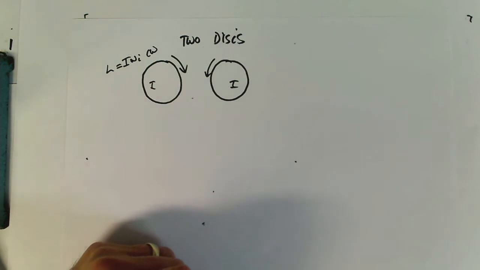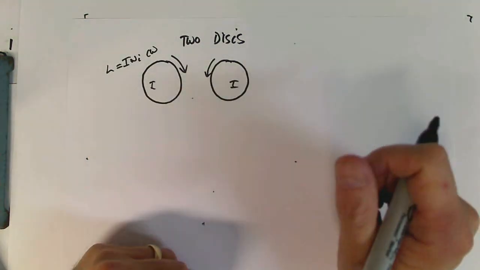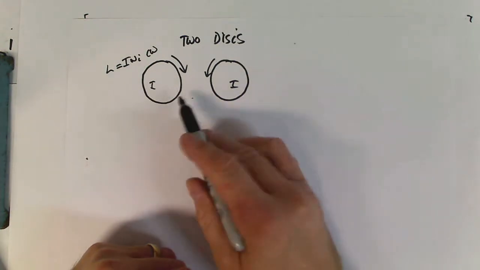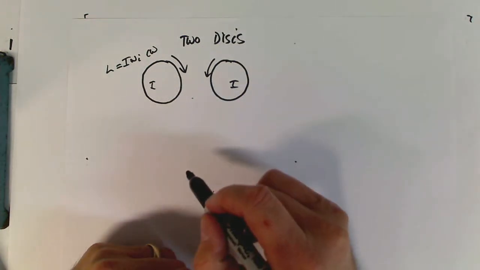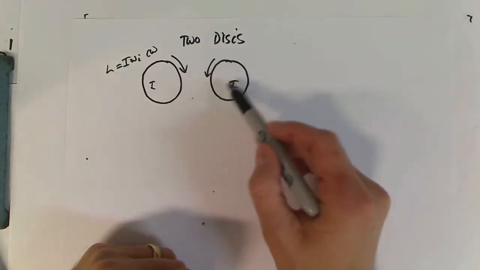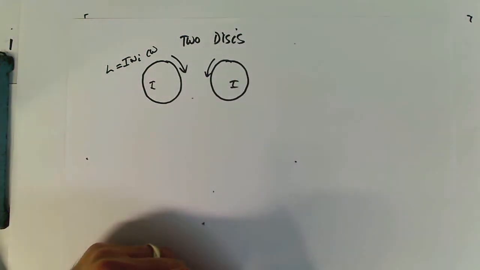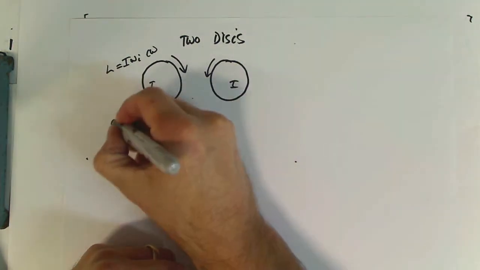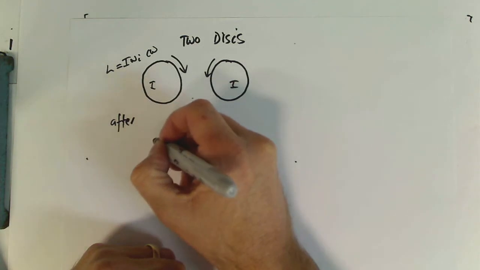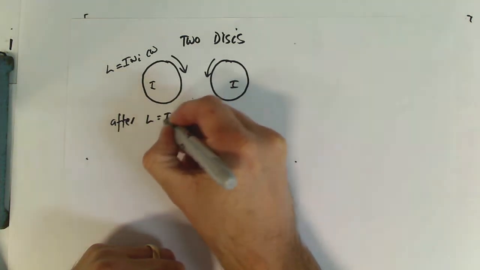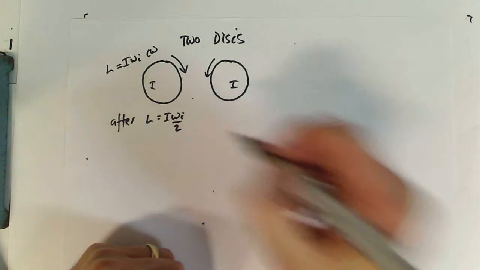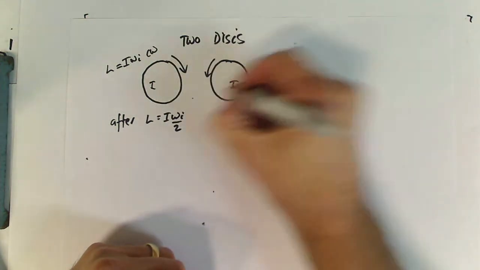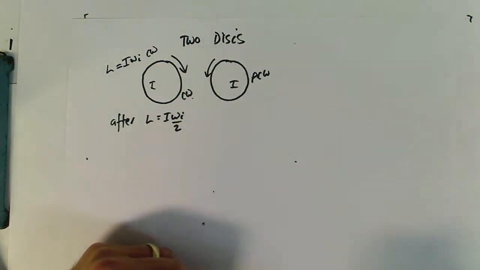And what I'm saying is that's the total angular momentum for the system, I omega I, and if the contact is long enough for this one's angular momentum to equal this one's angular momentum but in an opposite direction, then afterwards they will both have an angular momentum equal to omega I over 2, but this one will be in anti-clockwise direction and this one will be in clockwise, and so their angular momentums will cancel out.